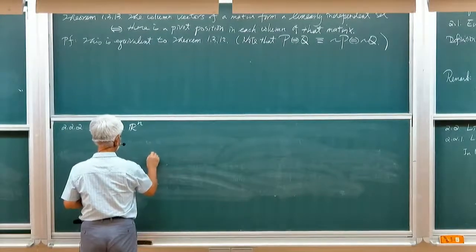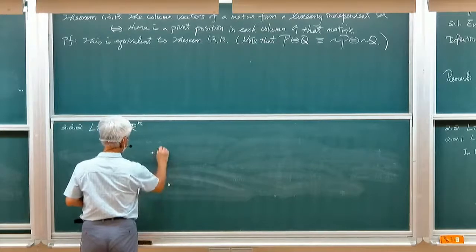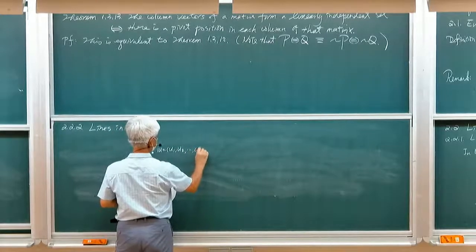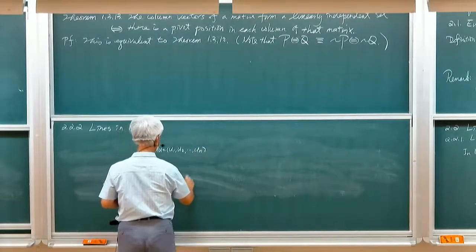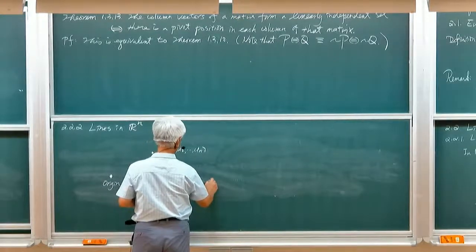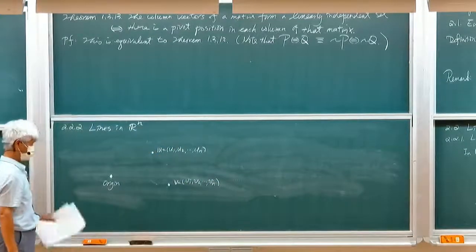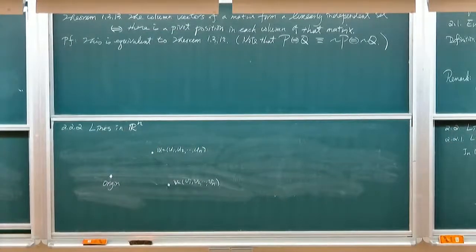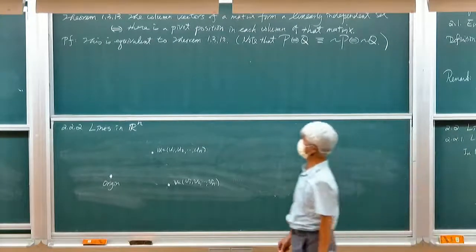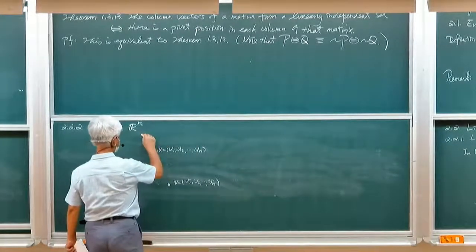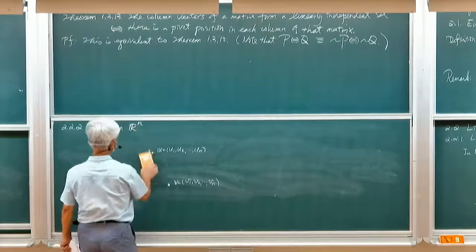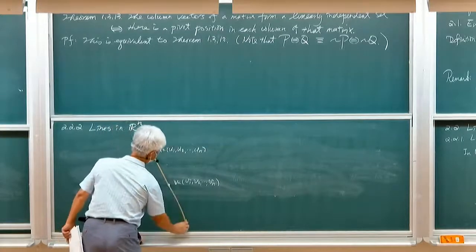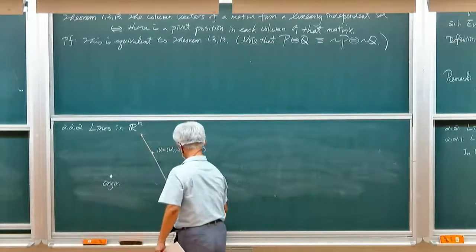Again, we have two distinct points, U and V. These two points again determine a line in Rn.